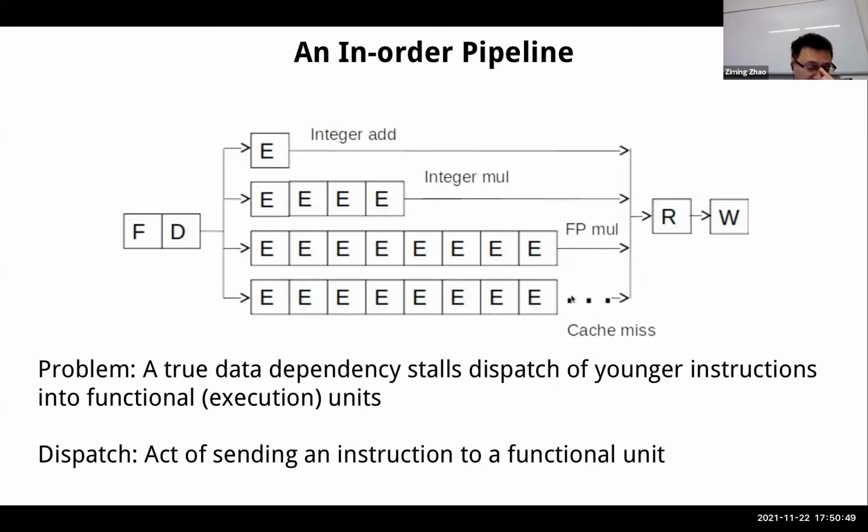The problem is you only have one execution unit. So if we do strict in-order execution, meaning we execute the instructions one by one, the problem is we can get stuck at some instruction.